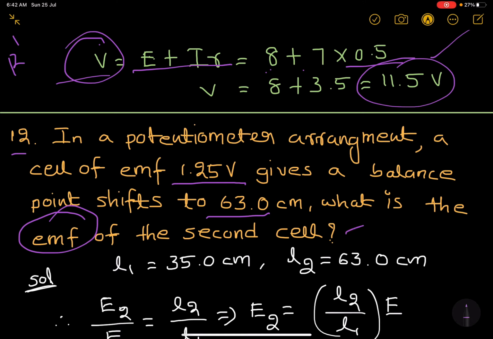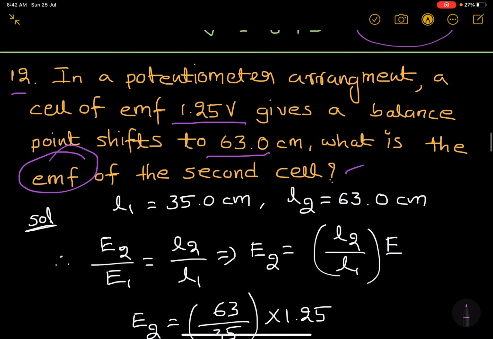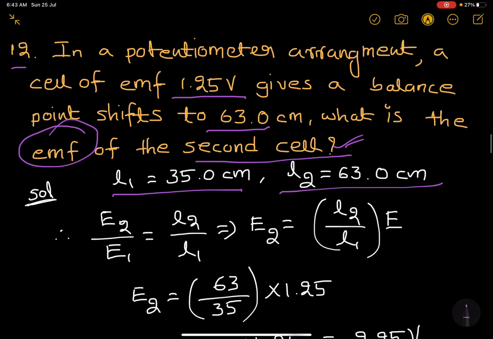Actually, a potentiometer has two circuits, a primary circuit and a secondary circuit. In the secondary circuit we can find it. Here L1 is 35 centimeters and L2 is 63 centimeters.